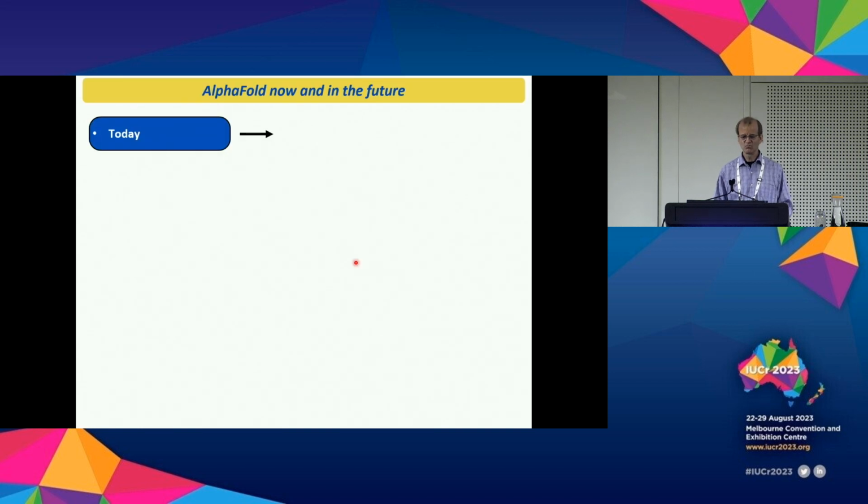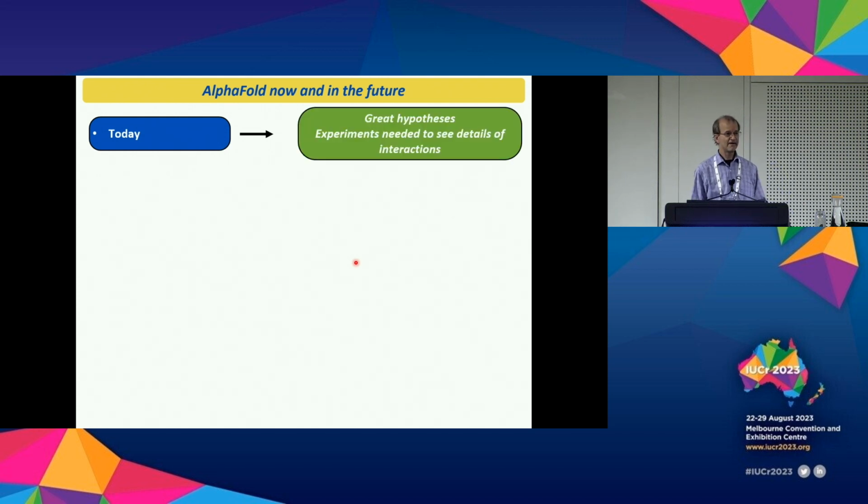Okay, so where are we going? And where are we? So today, it's awesome. AlphaFold generates great hypotheses. Of course, remember again, where did these hypotheses come from? They came from our structures that we solved, 60,000 people, 180,000 structures deposited in the world's greatest database, and wow, so we made it happen, so we should be happy that we're taking advantage of all this, right?